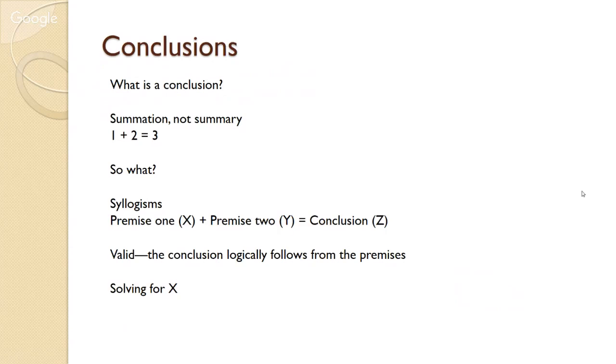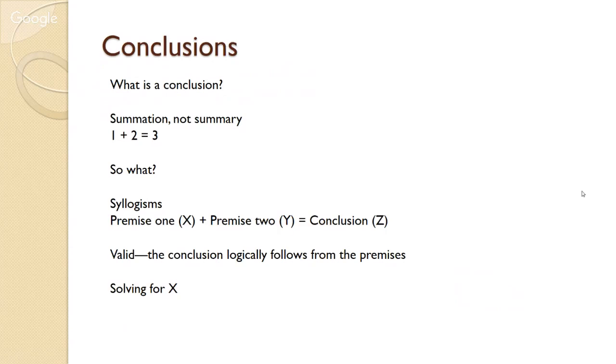The classic example is: all humans are mortal, Socrates was human, therefore Socrates was mortal. So if x is true and y is true, therefore z must be true as well. So you can come up with a valid reasoning based on the information that you presented.